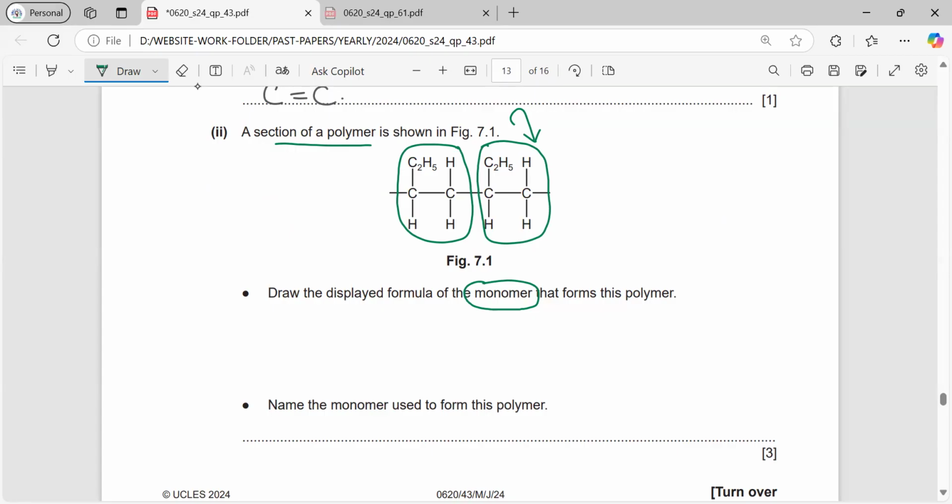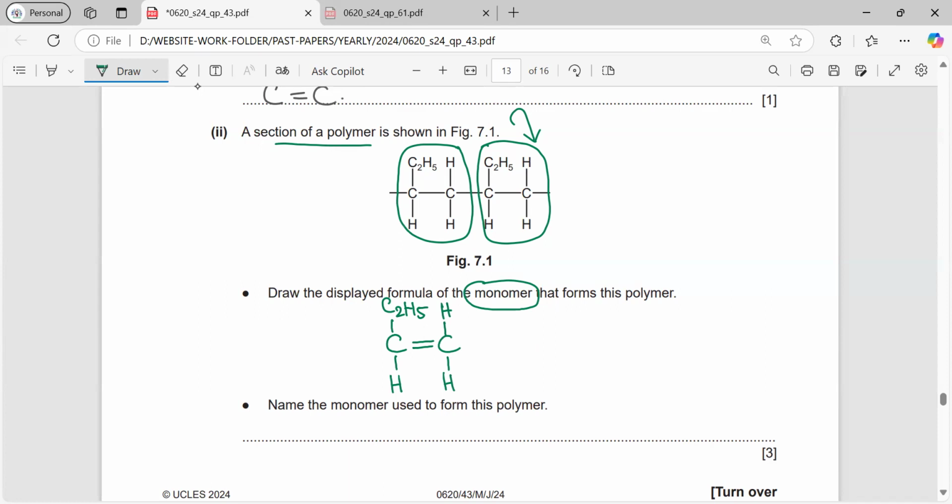The rest of the things will remain the same. So it will be carbon, double bond, carbon. At the top, it will be C2H5 and H. On the second carbon, it will be H and H. This is the monomer which forms the above polymer.